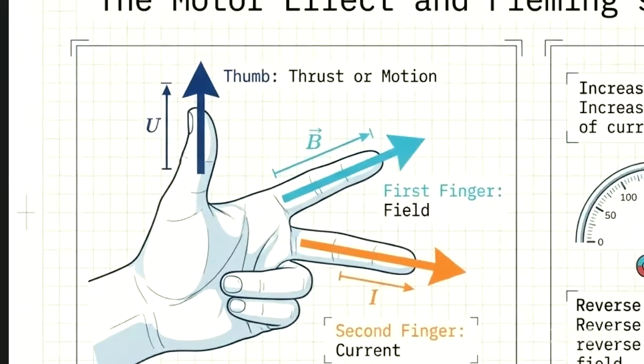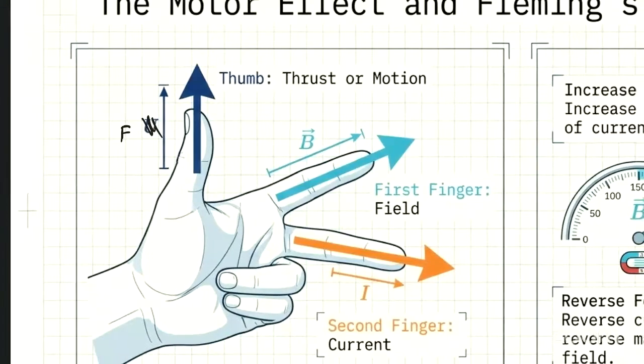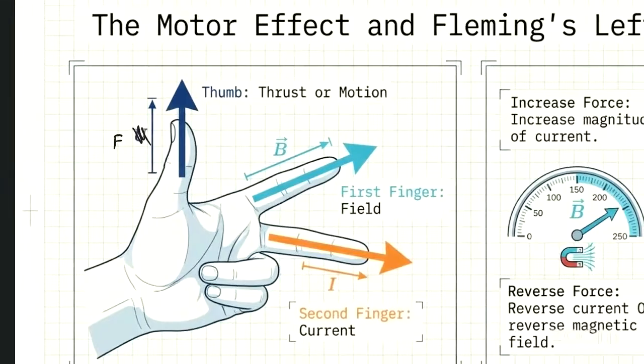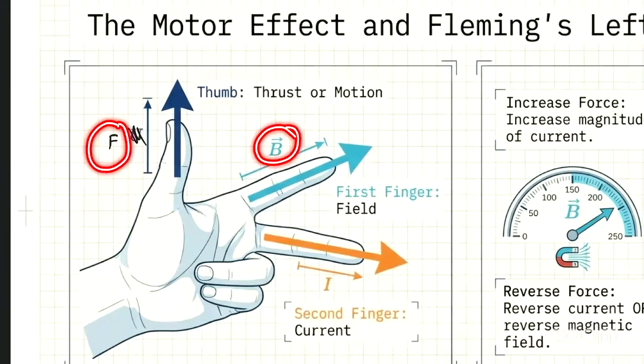Here you can see that instead of force, it is mentioned as U, but you can use F. It gives us the force, magnetic field, and the current direction, so you can easily remember it by FBI.